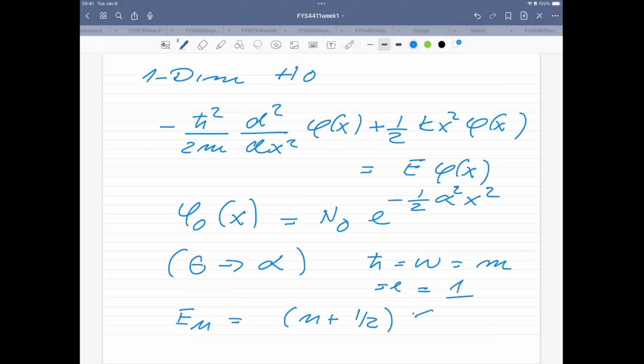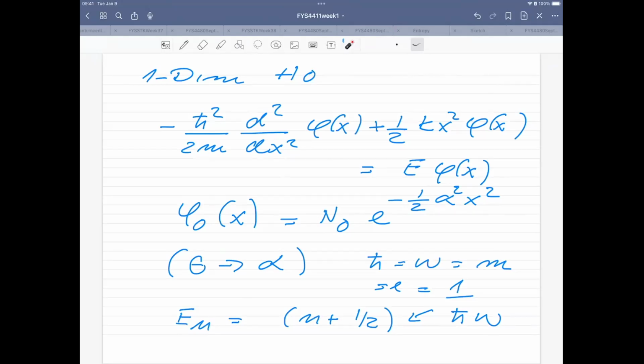In principle, there should have been an h bar times omega here. So these parameters, h and omega, are actually baked into this parameter alpha. I'm coming back to that a little bit later. But we are going to look at dimensionless quantities. That means that if we want to have the dimensions of energy, we would have to multiply with these constants. So the way we are going to set up the program is to simply run everything in dimensionless units.